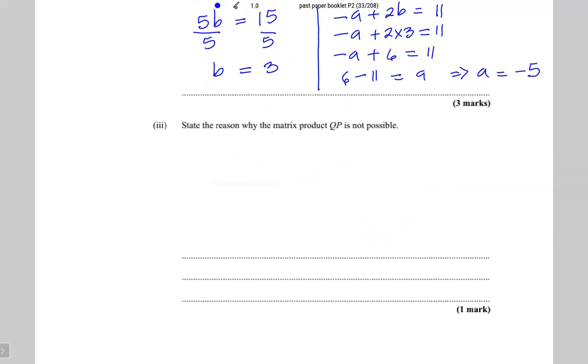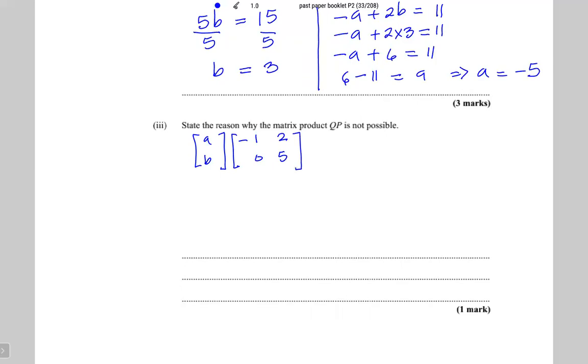Next, this says, state the reason why the matrix product QP is not possible. All right, QP would look something like this. Q, which is A, B, multiplied by P, which is minus 1, 2, 0, 5.